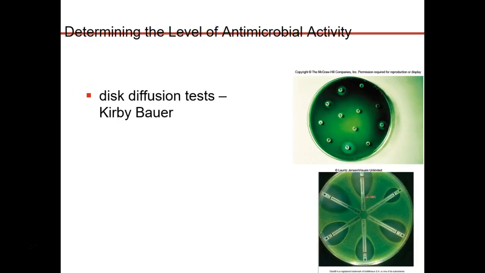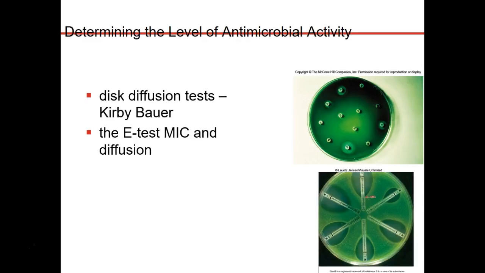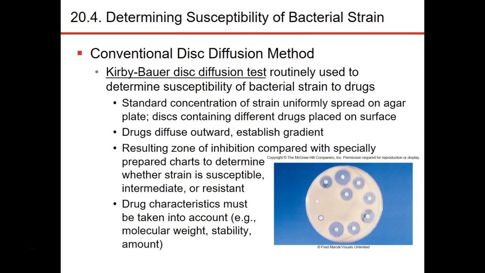So there are some tests that scientists use to determine the level of antimicrobial activity and what antimicrobial might be best used to treat different infections. The most famous one is the Kirby-Bauer disc diffusion test. This one uses a special type of agar, and then we have the minimal inhibitory concentration test as well.